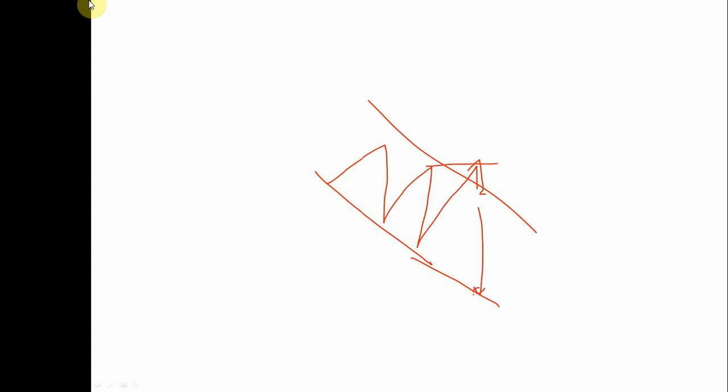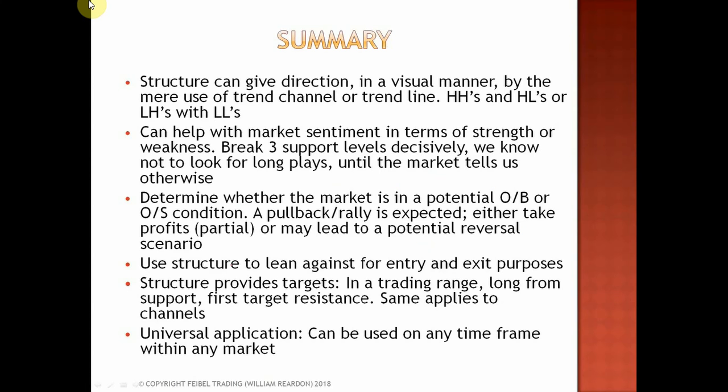If we come down, touch, say we have this supply confluence, we touch here, we sell as it trades back within the channel, our first target would be down here. That's it. It's very useful to use structure for our entries and targets. And we have a universal application that can be used on any time frame within any market.